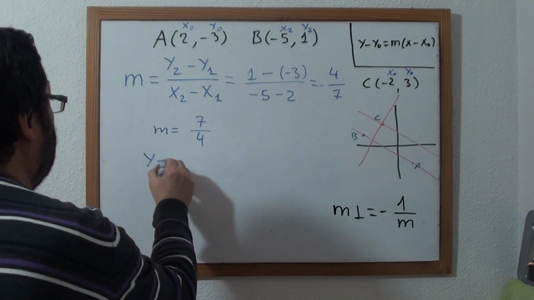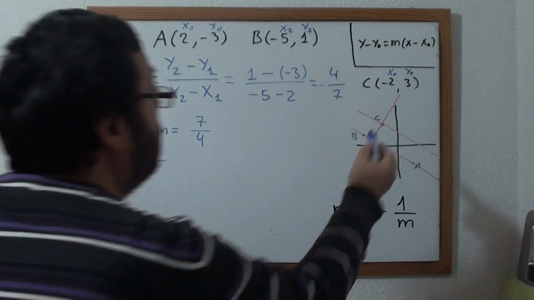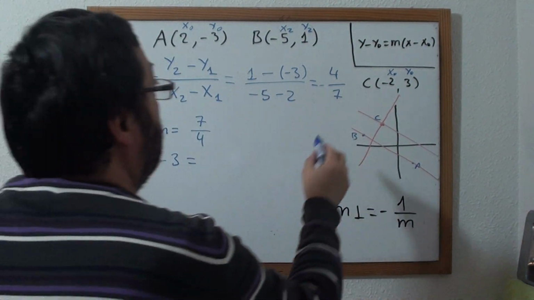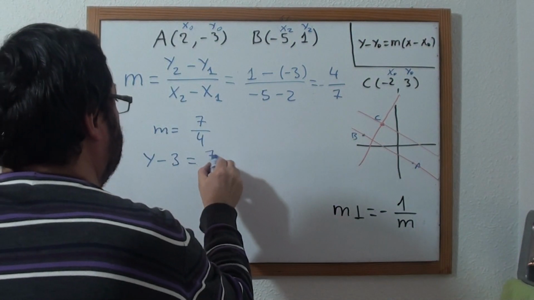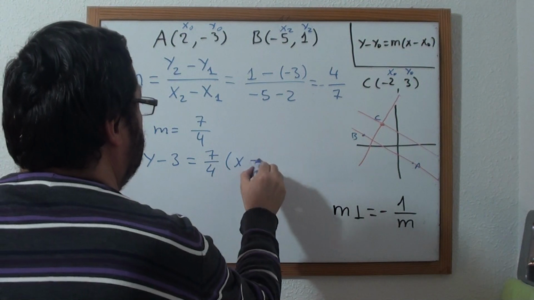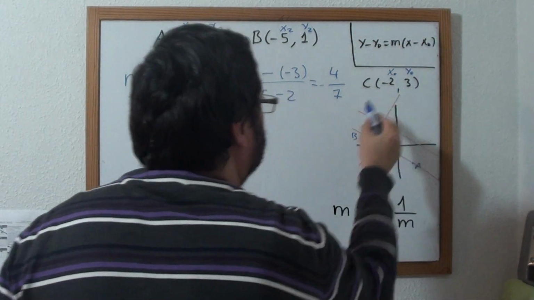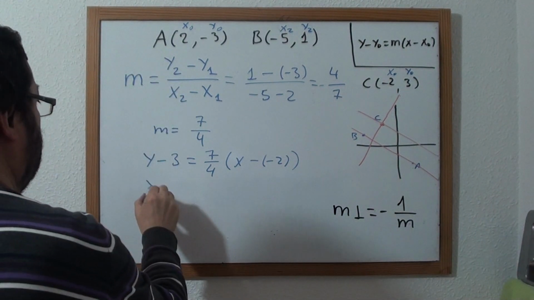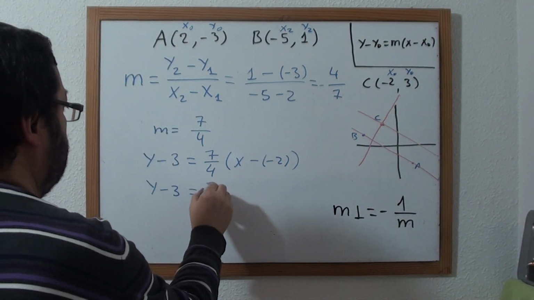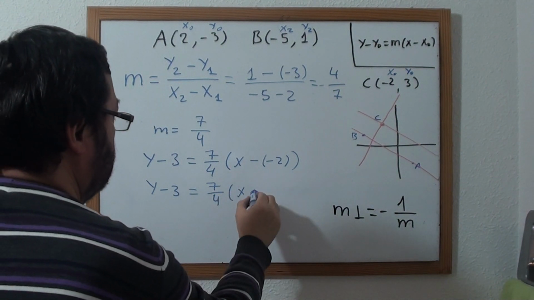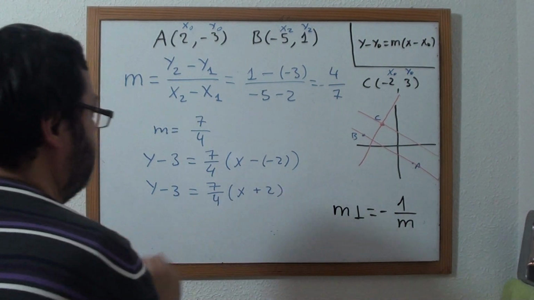And now we have everything to apply the formula. So y minus y0, y minus 3 equals m, we said is 7/4, times x minus x0, which is minus 2. So y minus 3 equals 7/4 of x, minus times minus is plus 2.